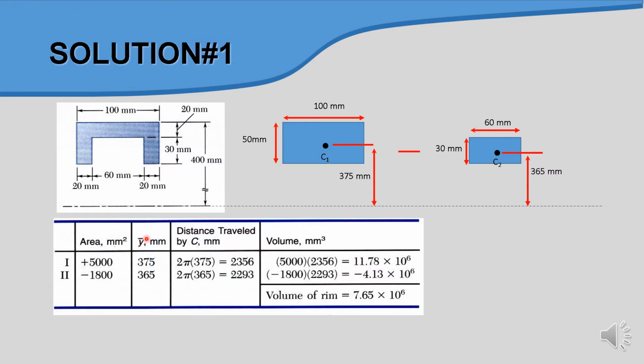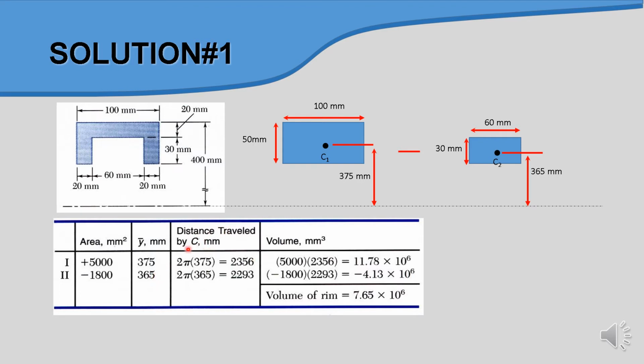So the y bar is basically the centroid of this rectangular, and when we refer to the x-axis here it is 375. So we put it here. And also for the rectangular C2 we have 365 and we put it here.